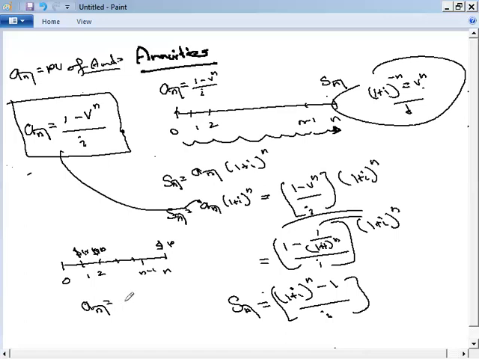Or else we can keep it as it is. Let's say n equals 5 years, so we can write a_5 equals 1 minus v^5 over i. So this is the formula.